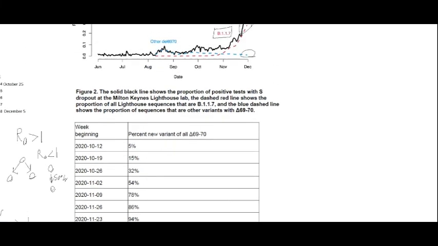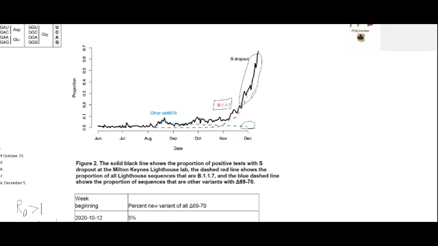If we take all of the S dropout, that is the whole population of S dropout, and then the percentage of that that is the new variant would be most of it, so only a small amount would be represented by other variants that have this deletion. And so 96% of this at the end of November was the new variant.